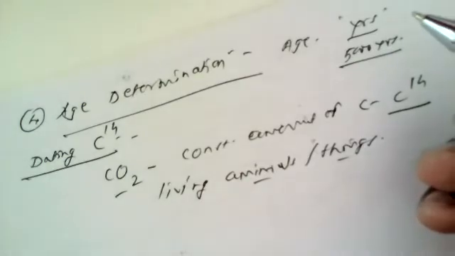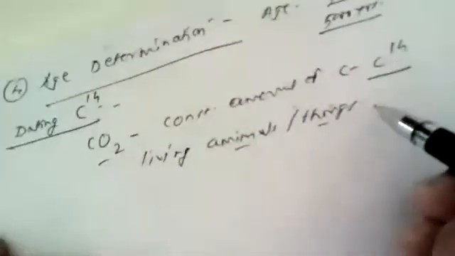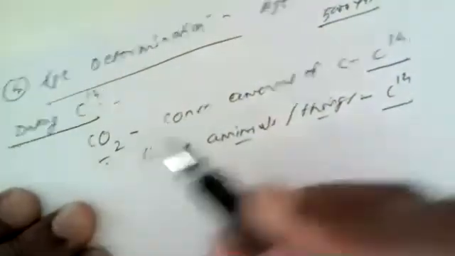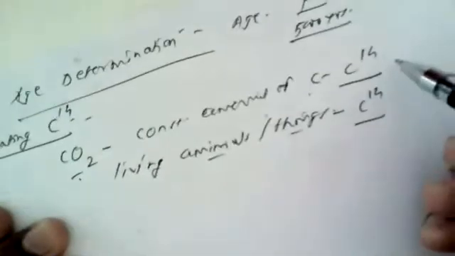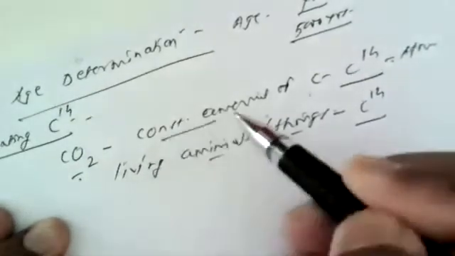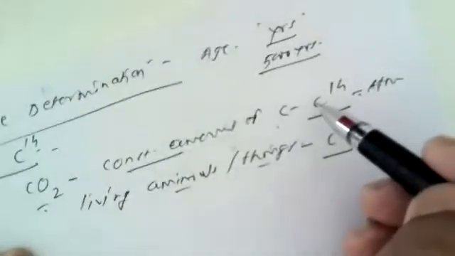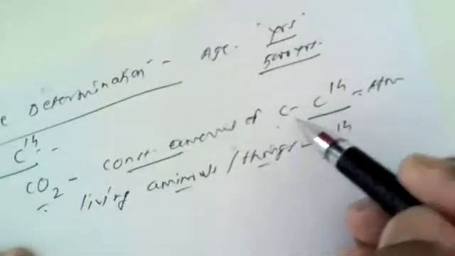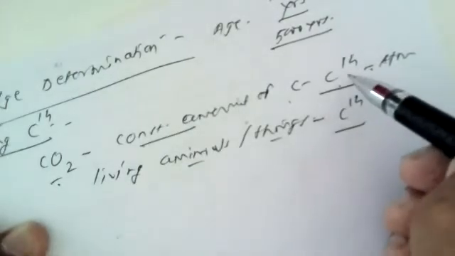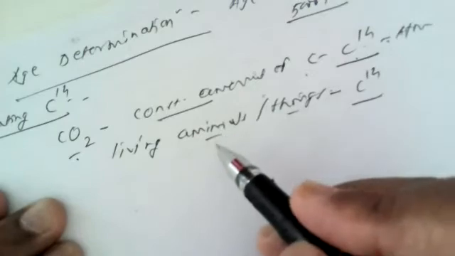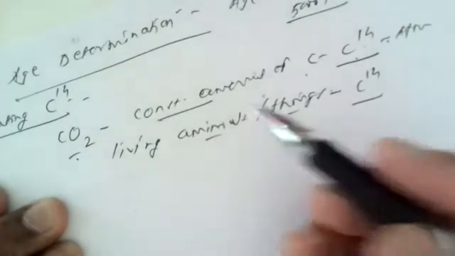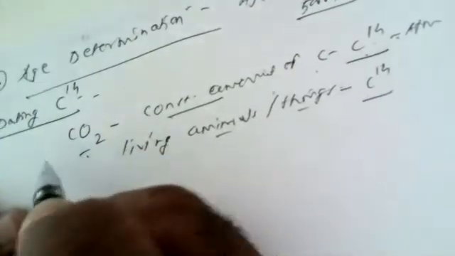I have just told you that carbon dioxide contains carbon in the form of carbon-14, which is present in the atmosphere at a constant value. The same radiocarbon, carbon-14, is also present in all living things, that is plants, animals, and human beings. So these two values are almost constant.